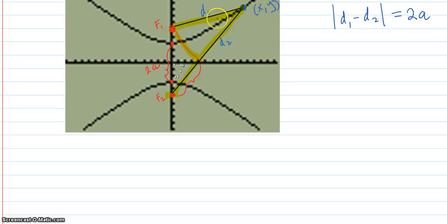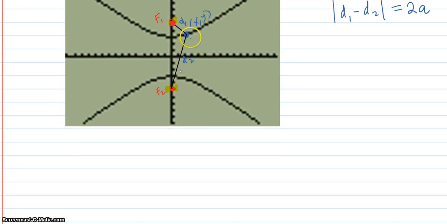So I'm going to do a few more pictures here, and every time we swing this arc and subtract one distance away from the other one, the resulting remaining distance is always going to be the same length as this 2a across here. That's going to mean that from the origin to the vertex point is a. The distance here will just be 1a, and the distance on the other side will be 1a.